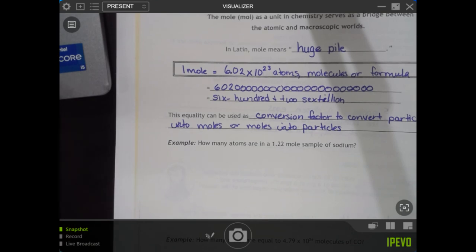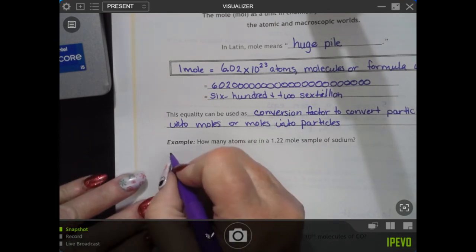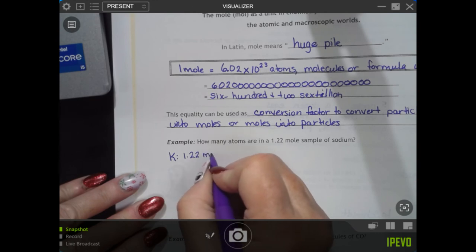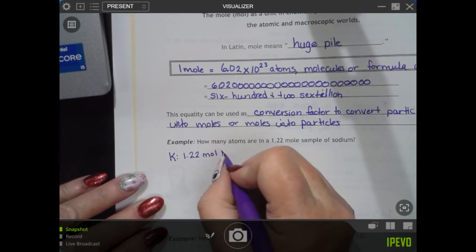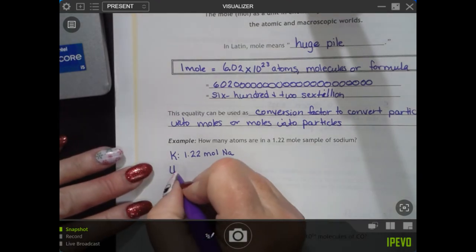So we're going to look at an example. How many atoms are in a 1.22 mole sample of sodium? What do we know? We know that we have 1.22 moles of sodium atoms. What are we looking for?